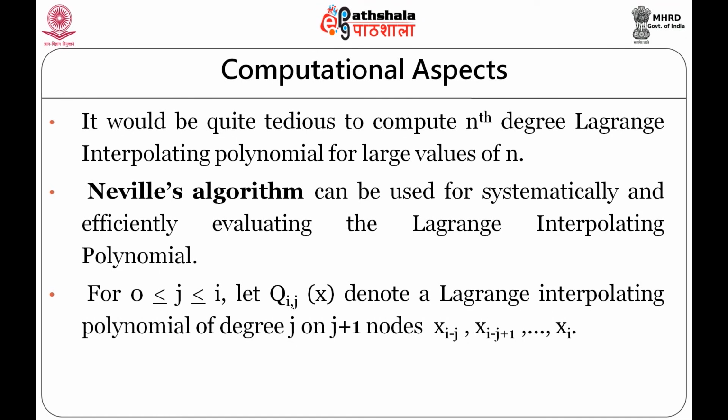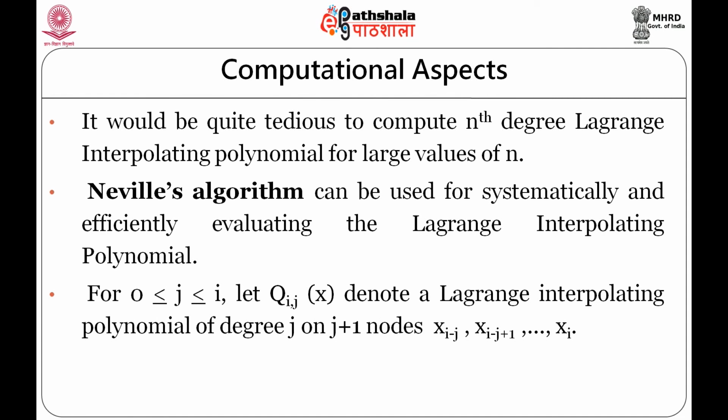Now, it would be quite tedious to compute an nth degree Lagrange interpolating polynomial for large values of n. You have seen that in the last module, when we were working on the example, we took only 4 data points, and that was deliberately done because these computations become simple in that case.